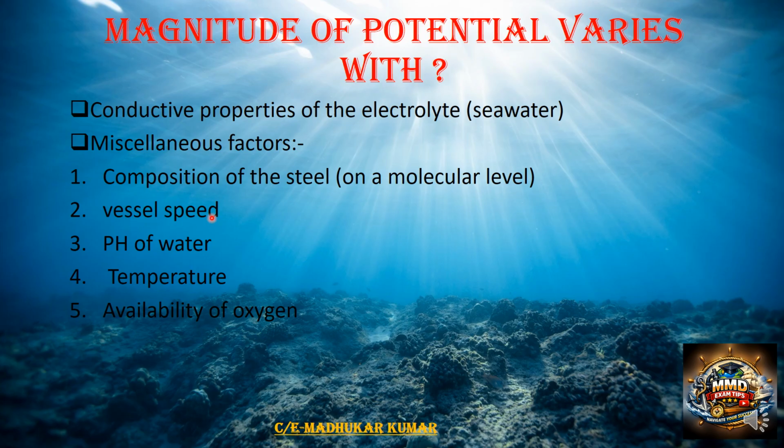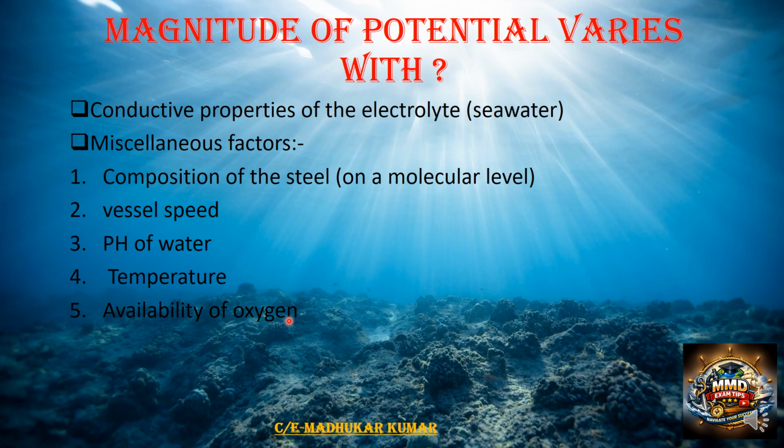And this is also going to change the potential of the hull. pH of water, as we have seen, seawater or fresh water, will also change it. Temperature of water: you are going to sub-zero temperature, to tropical climate, to a hot climate. Accordingly, the temperature of seawater changes, then this potential also changes. And availability of oxygen as per the turbulence: in forward and aft, the turbulence is more, availability of dissolved oxygen is more.